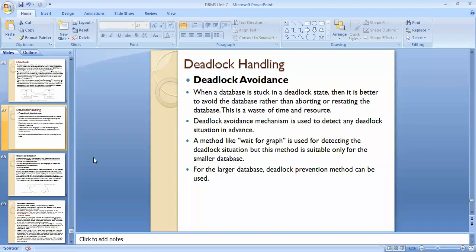A method like a wait-for graph is used for detecting the deadlocks. And this deadlock avoidance can be used if there is a small scale database. If it is a larger database, then the deadlock prevention method is most useful. Then just note down these points. What is deadlock?